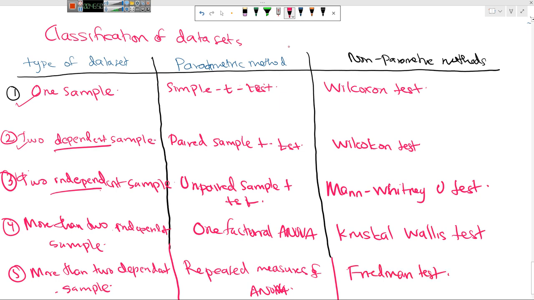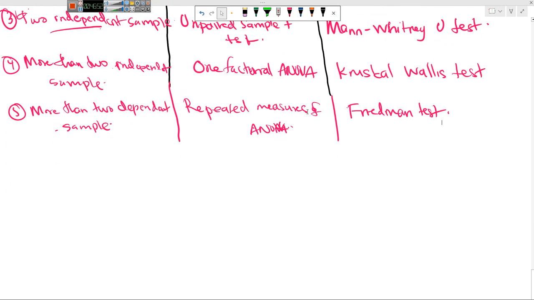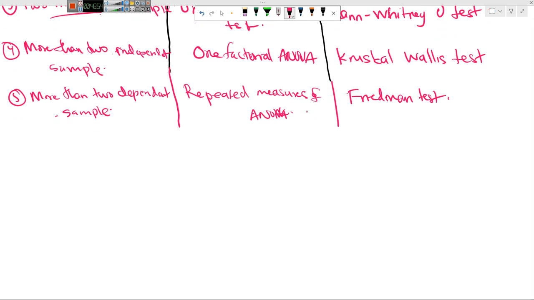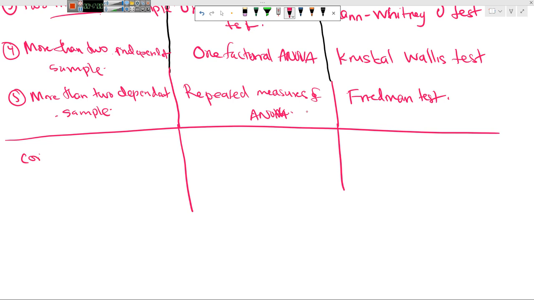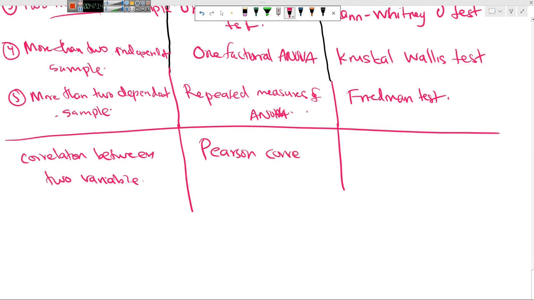In addition to that, we may have correlation between 2 variables, for checking the correlation between 2 variables. Here we have studied Pearson correlation, and here we will study Spearman correlation.